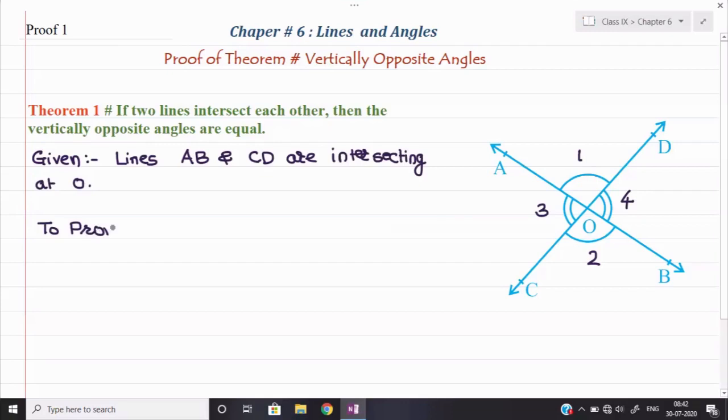We have to prove two pairs of angles are equal. First, angle 1 is equal to angle 2, and angle 3 is equal to angle 4. Let us start the proof.